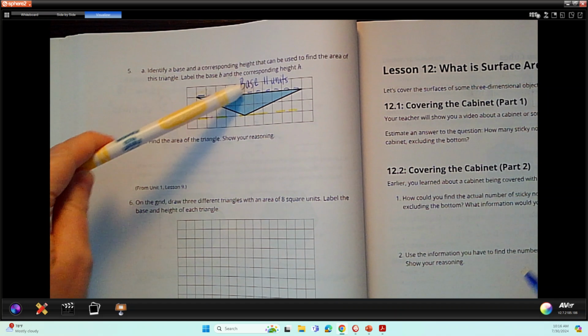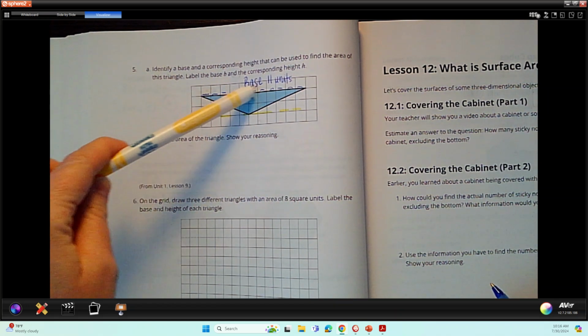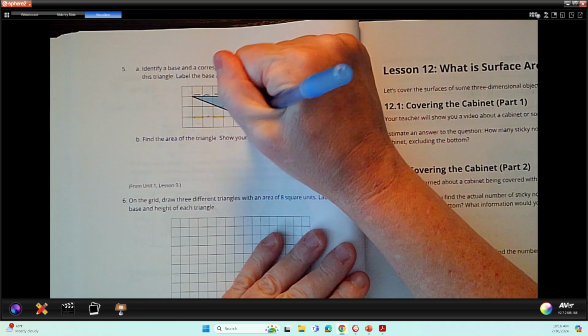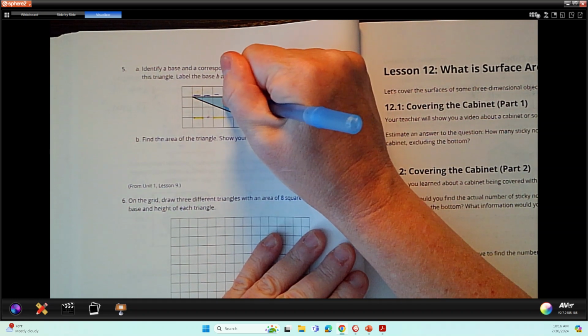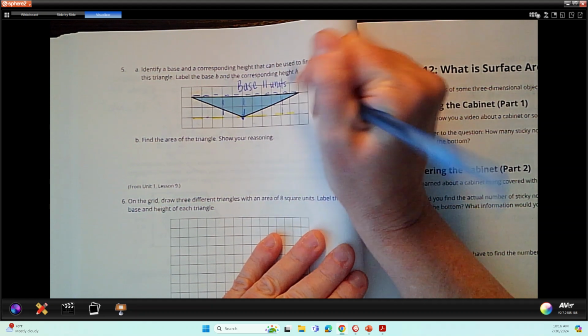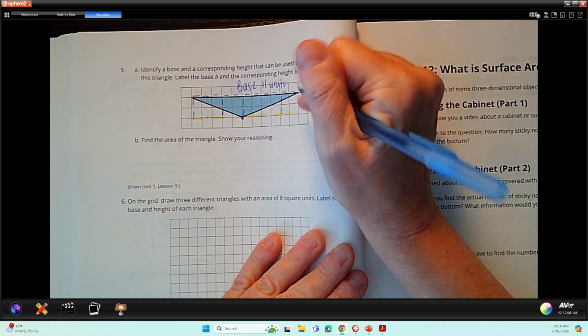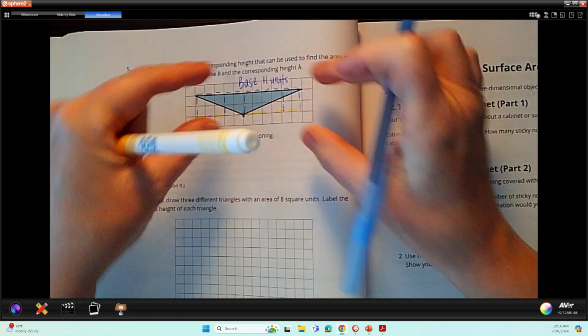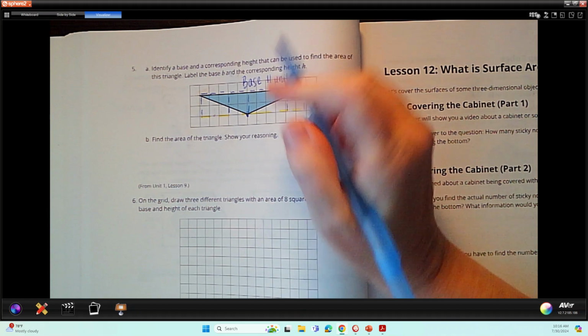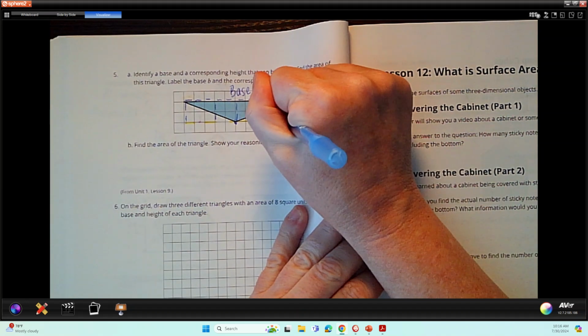I'm going from the flat top part of the triangle to the bottom, and here's that point. You can go down here, here, or here. You can do any of these 2 boxes because that's the distance between the base and the point across from the base. So my height is 2.